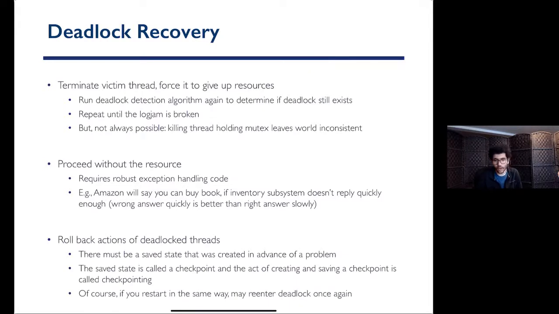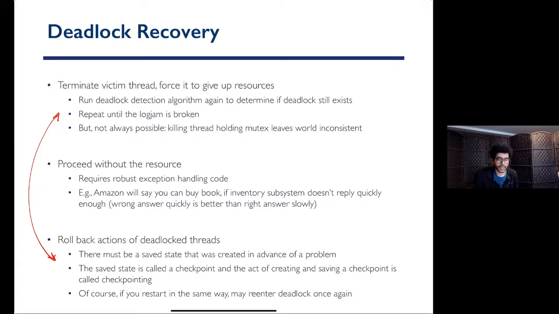Now, the third option is to have a mechanism to roll back your threads. Compare this one with the first option, where we terminated the thread. This one is a milder approach. It's not like a hammer getting to the thread to terminate.